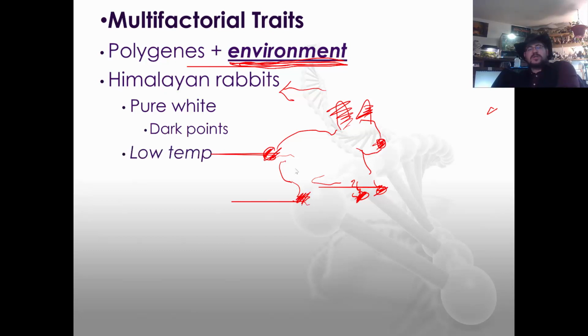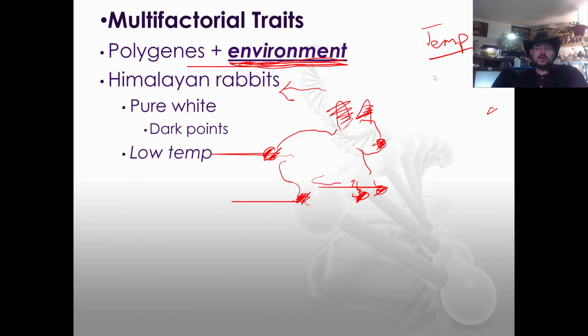And these extremities are dark because of the temperature of their environment. Right? What do you know about your extremities and temperature? Right? Especially in the mornings right now or at night. What gets cold when you go out there? You're right. It's your extremities. Your ears get cold. Your nose turns red as it gets really cold.